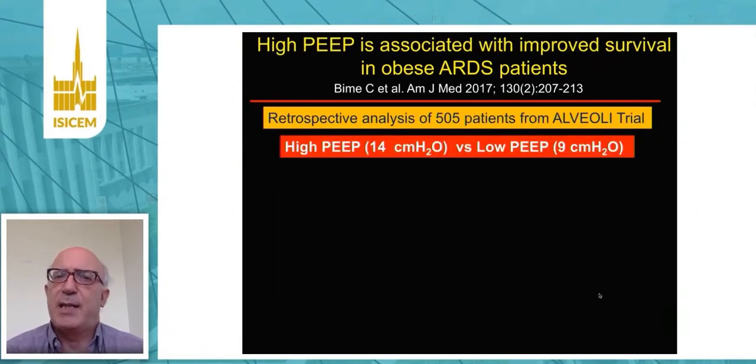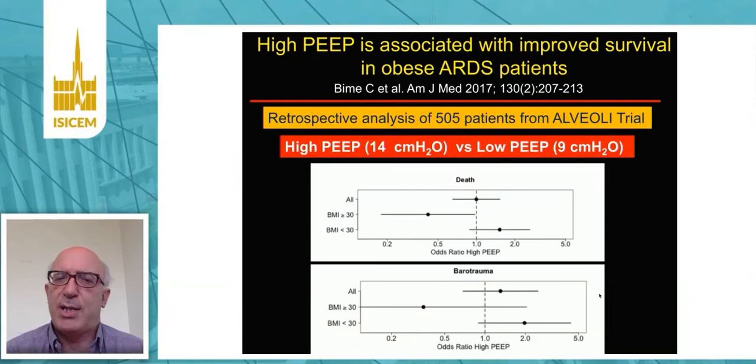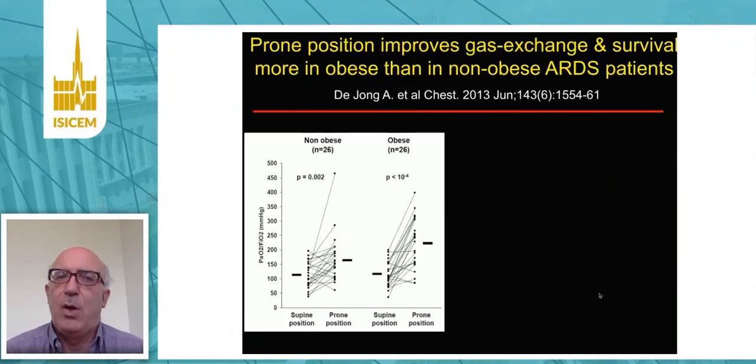Further, there is a retrospective analysis from the ALVEOLI trial in which the authors looked at the effects of high PEEP, 14 versus 9 centimeters of water, and what they found is that in more obese patients there was an association towards a reduction in mortality as compared to non-obese patients without any changes in barotrauma. So this data would suggest that in ARDS patients with obesity, higher PEEP levels might be helpful, but this is not coming from any randomized controlled trial.